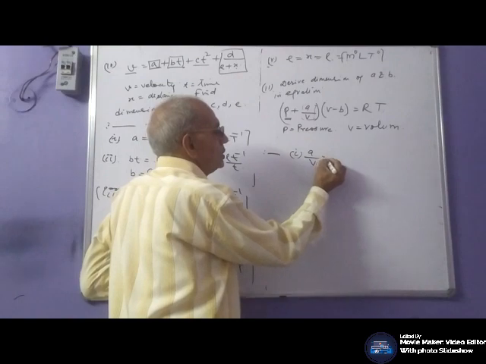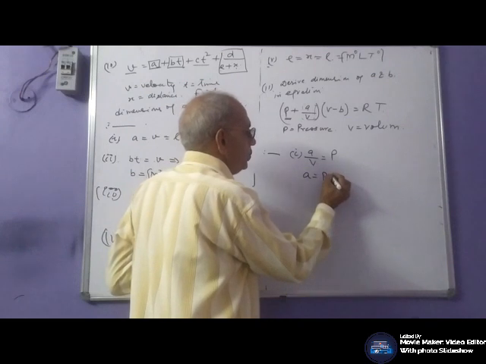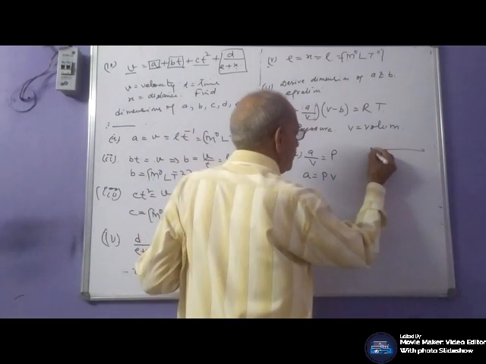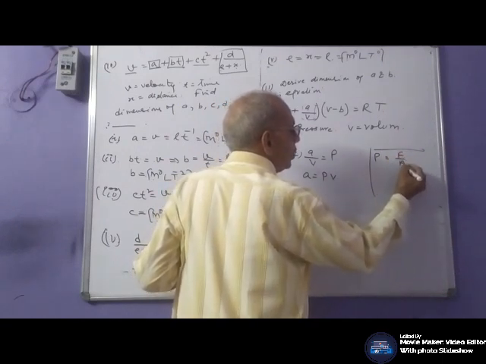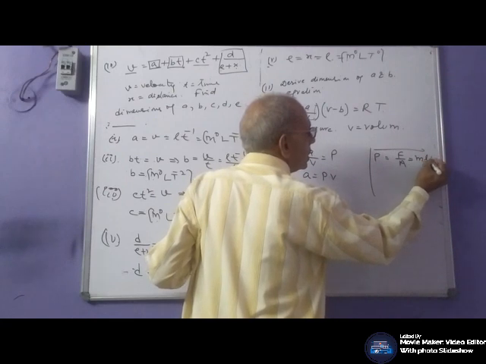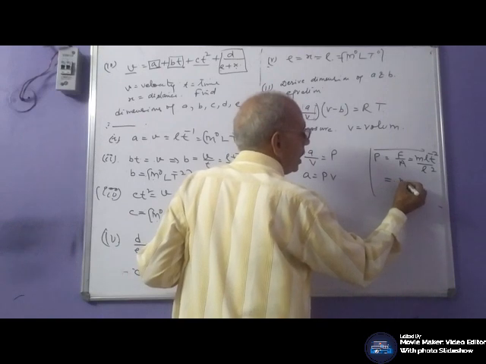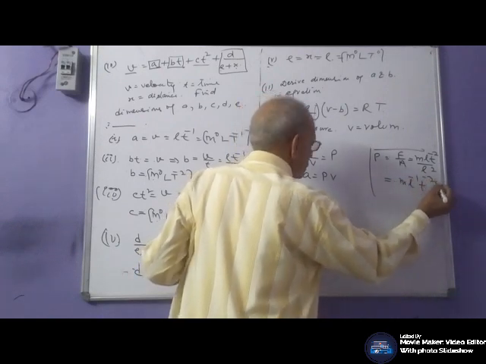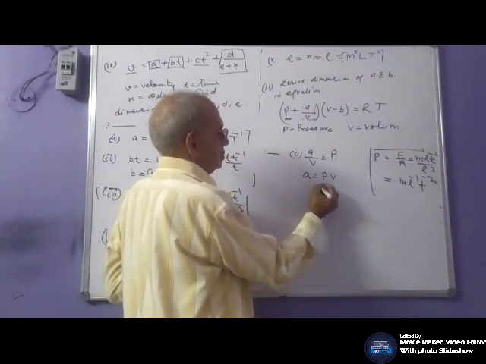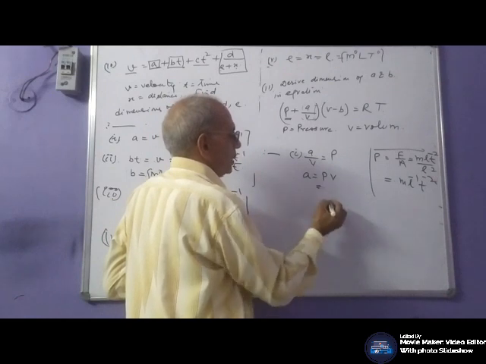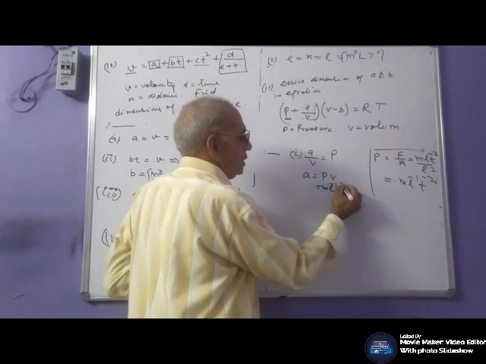A by V square is P. So A is PV square. Rough work: pressure is force upon area, force is MA, area is L square, so pressure is M L minus 1 T minus 2.